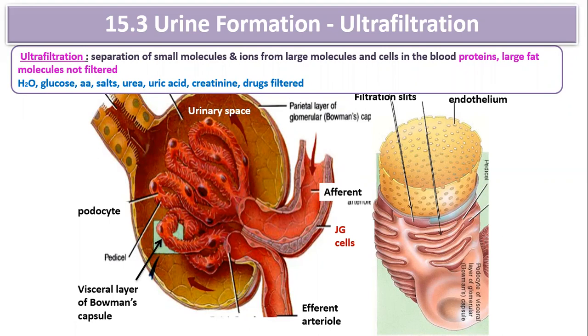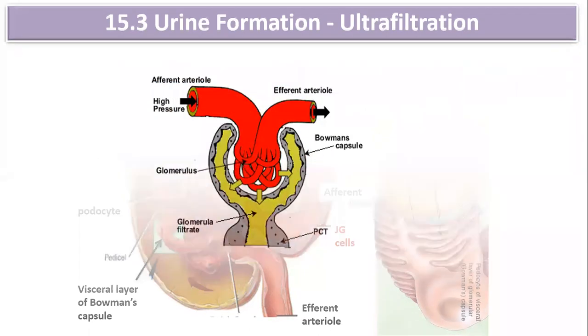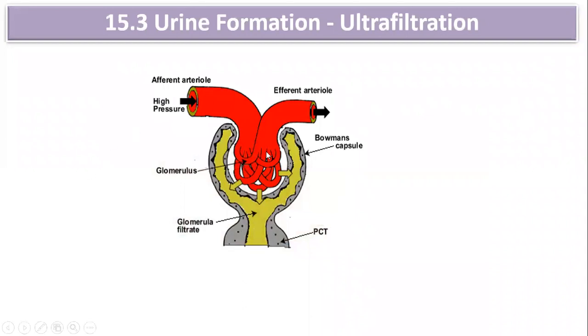So this is all about the process of urine formation. Now you can see here again the part called the Malpighian body. There is the glomerulus, and the glomerulus has a pressure. Why is there a pressure? Because of the difference in diameter: afferent arteriole has a larger diameter than efferent arteriole.